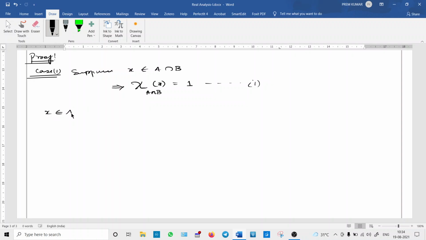Now, x belonging to A intersection B implies x is an element of A and x is an element of B. If x is an element of A, then chi A of x equals 1, and the chi B of x value is also 1.